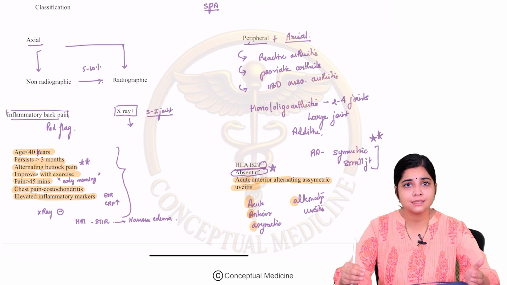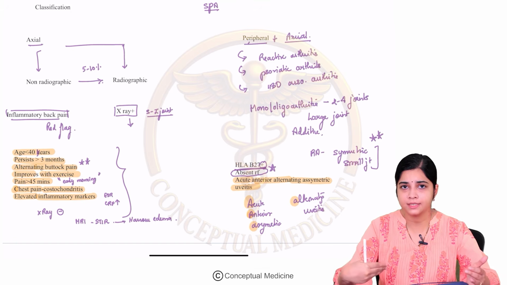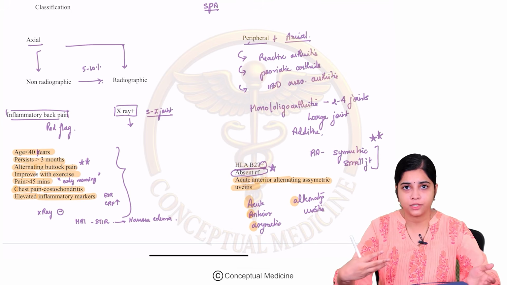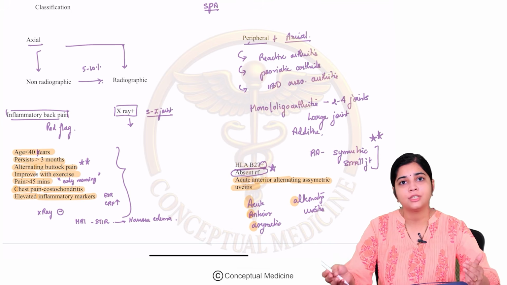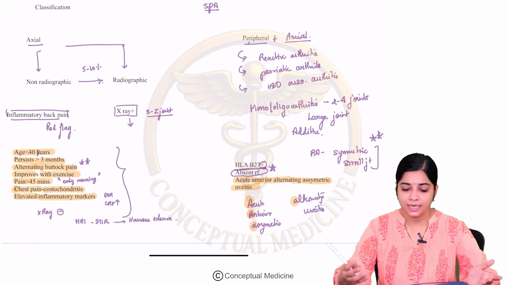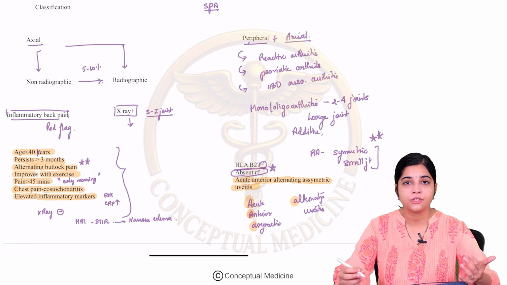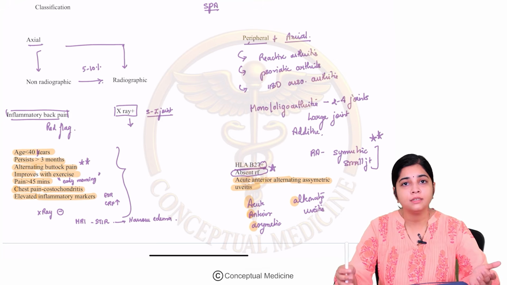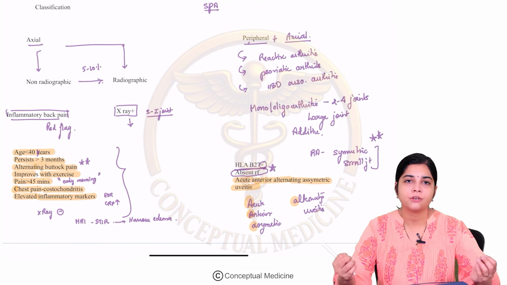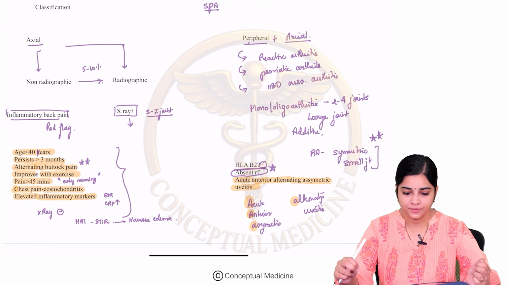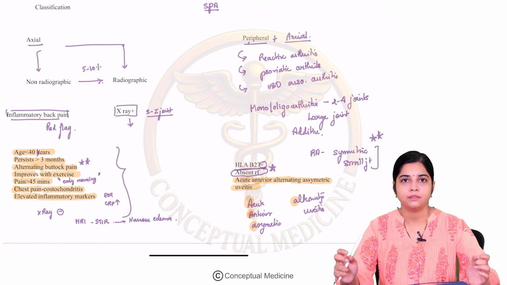The certain other things that you will have to ask about, which we will be discussing in the later slides as well, is about history of any prior infection, because a prior GU or a GI infection can result in the formation of what we call reactive arthritis. History of any skin lesions, because these skin lesions can precede your psoriatic arthritis. History of diarrhea, history of bloody stools, because it can be associated with an IBD-associated arthritis. Clear? So this is about the classification.